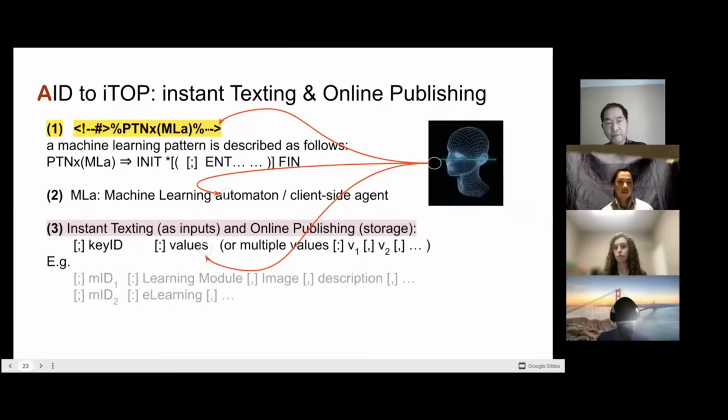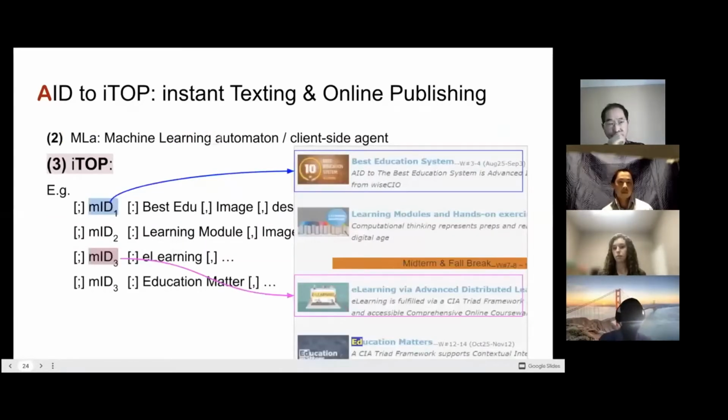On the next slide, we have MID1, that is a key. Associated to that key, we have best education and some other variables. So we have the key, we have the variables. The variables through iTap using the machine learning automaton are displayed. Over here, we see best education on the far right, the very first thing on the top.